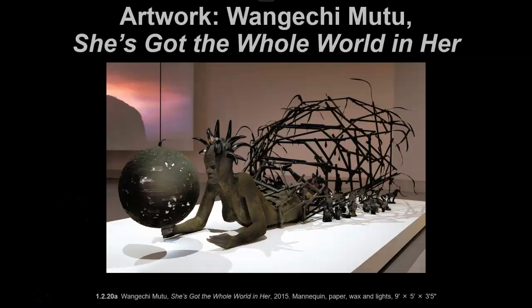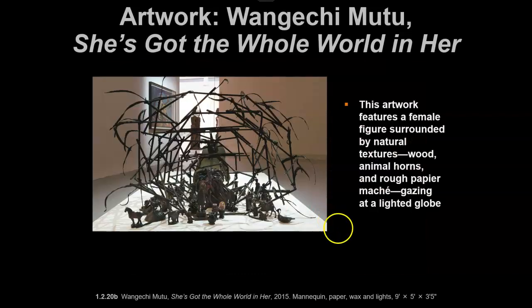If we were looking at this sculpture right here, She's Got the Whole World in Her, and we were talking about an analysis of texture, was texture important in this piece? You could probably say yes. As you look closer, you realize you're seeing this female figure surrounded by natural texture.